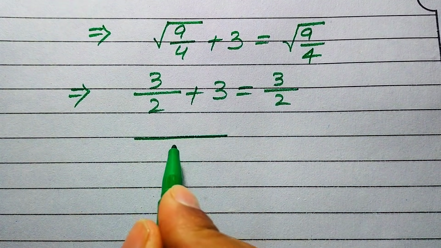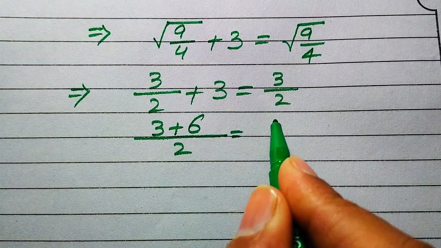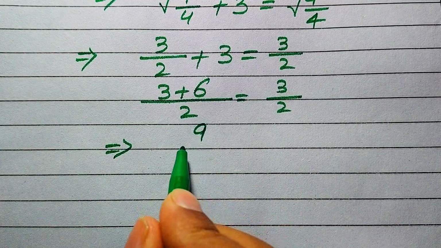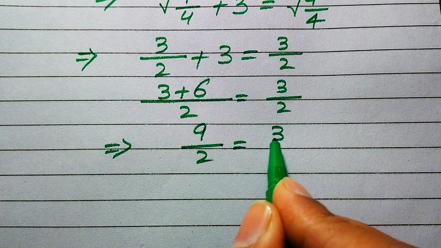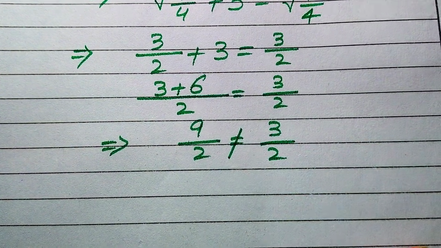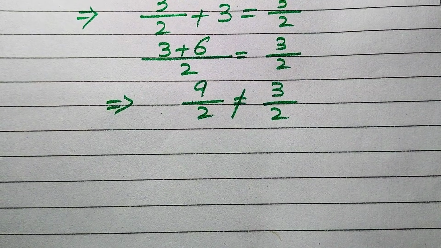Here we need to take the LCM of these terms, and we get 3 plus 6 over 2, which is 9 divided by 2, equals 3 over 2. You can see clearly that both sides are not equal. If both sides are not equal, this means that the value of a does not satisfy our given question statement.